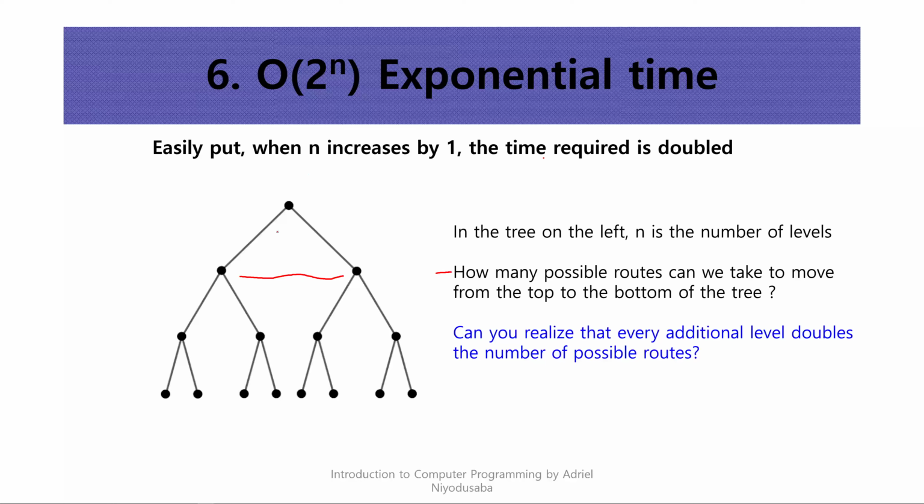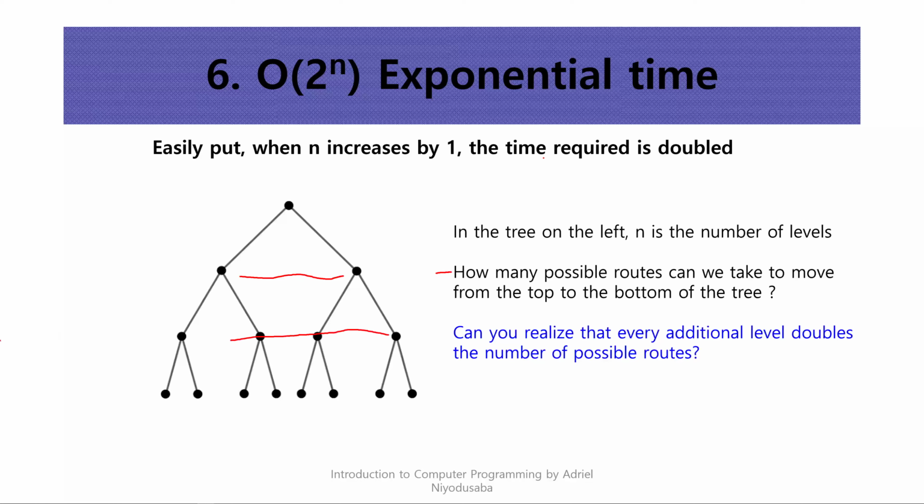Now think of n as the number of levels we have in this binary tree. So if n is 1, we have two possible routes we can take. But if n becomes 2, if we have 2 levels, now the number of possible routes we can take becomes 4. Now we can see it.